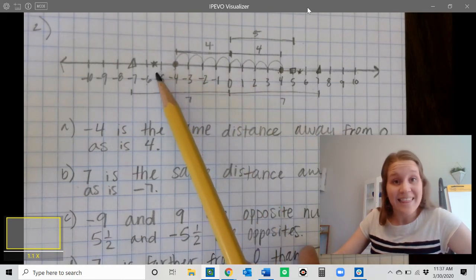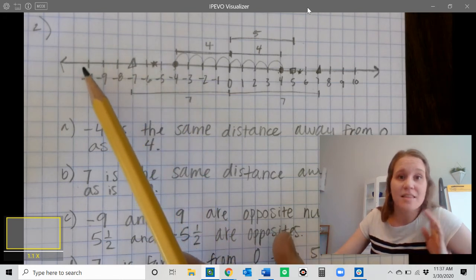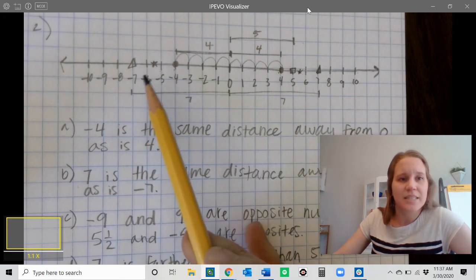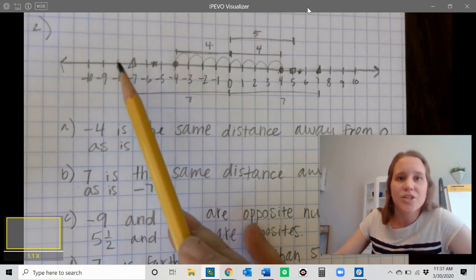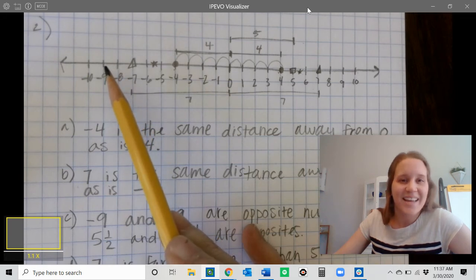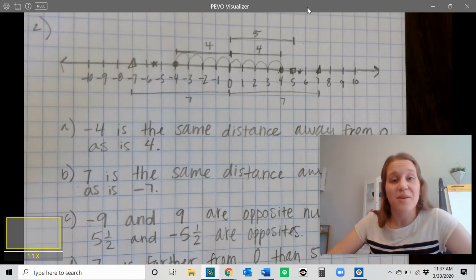So if you picked anything that is more negative than -5, then you are correct. So if you picked -6 or -7 or -8 or -8 and 2/3 or -9 or -100, those are all numbers that are farther away from 0 than 5 is.